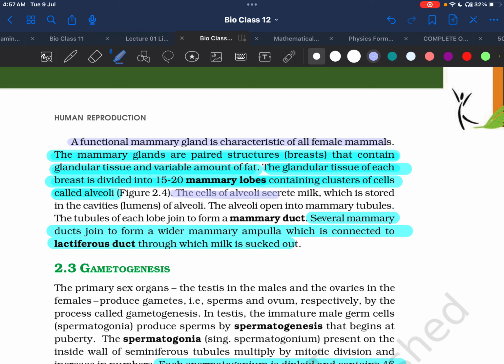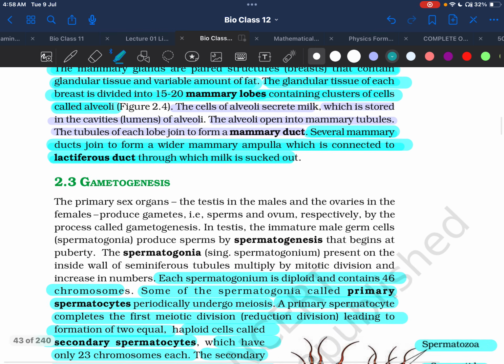The cells of the alveoli secrete milk, which is stored in the cavities (lumens) of the alveoli. The alveoli open into mammary tubules. The tubules of each lobe join to form a mammary duct. Several mammary ducts join to form a wider mammary ampulla, which is connected to the lactiferous duct through which milk is sucked out.